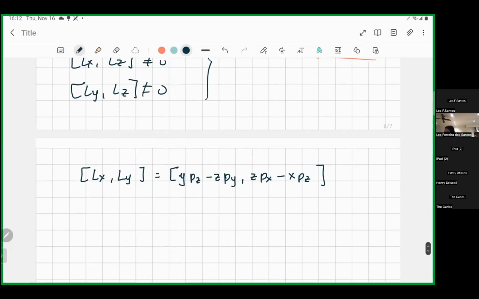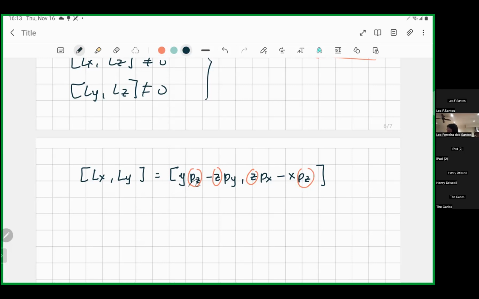And then I said, well, the Lx and the Ly, they do not commute. Why? Because here we have pz and here we have z, and these things do not commute. Okay, but let's open this commutator. So there were some problems that you did in chapter 3 about commutators.